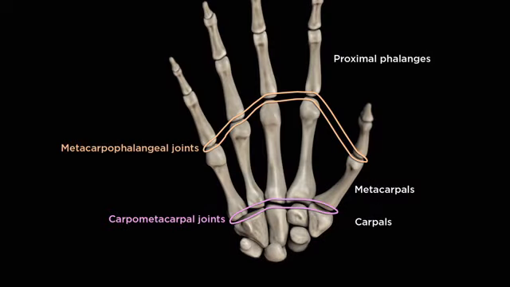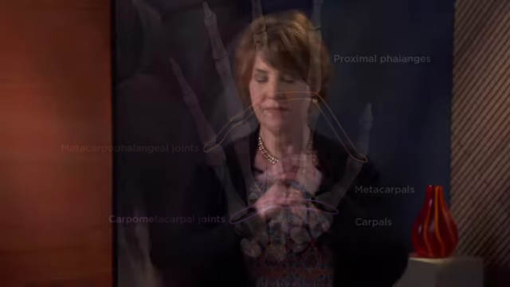The metacarpophalangeal joints at the head of each metacarpal are ellipsoidal or condylar, since the head of each metacarpal is a rounded knob and the base of each proximal phalanx is concave. Now that spooning shape allows more movement than a typical hinge joint. So not only flexion and extension, but some side-to-side movement as well.